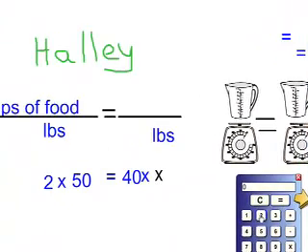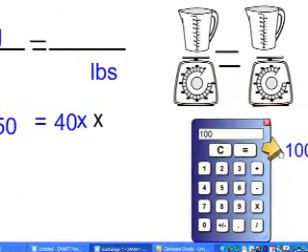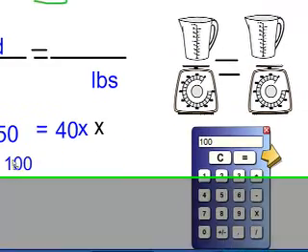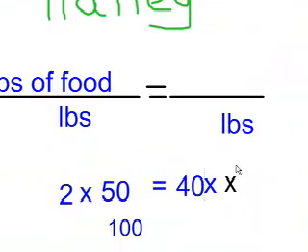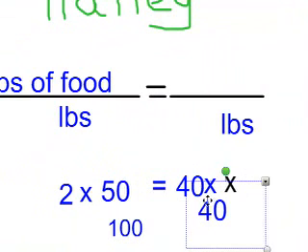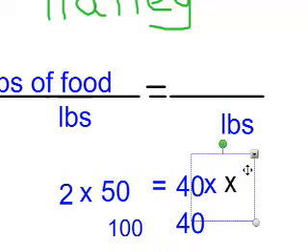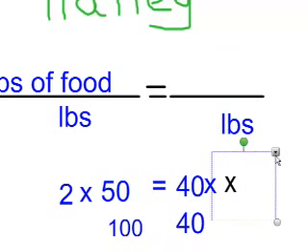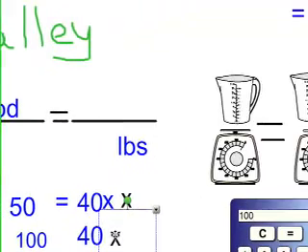So when I cross multiply, I know that 2 times 50 is equal to 100. And that's going to be equal to 40x.